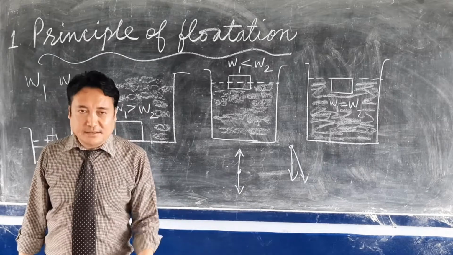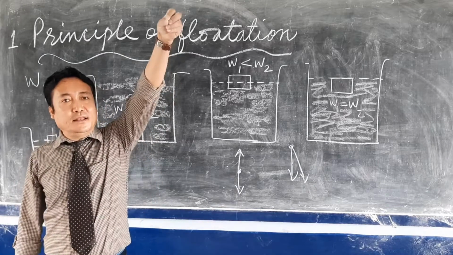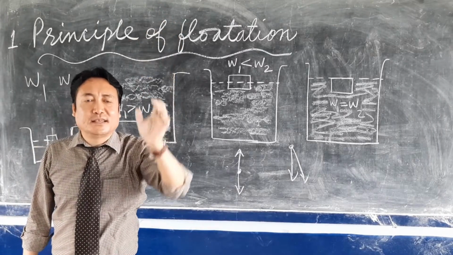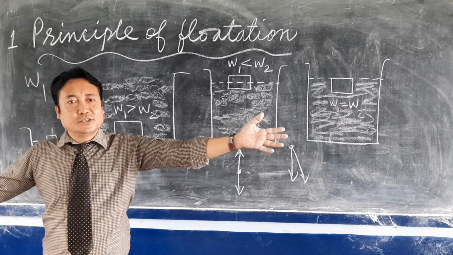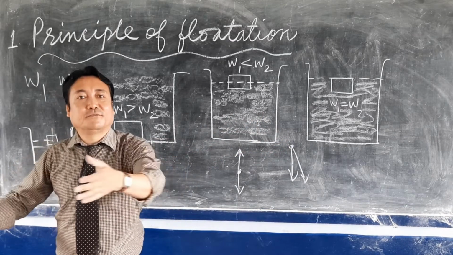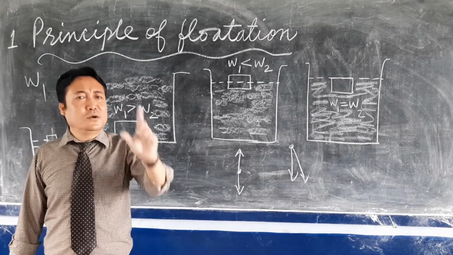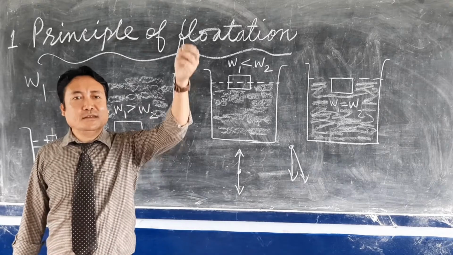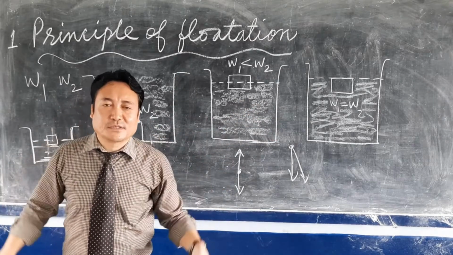When you drop an iron nail in water, it sinks. But a huge ship made of iron floats. It's quite amazing. A small nail made of iron sinks, whereas a huge ship made of iron floats.